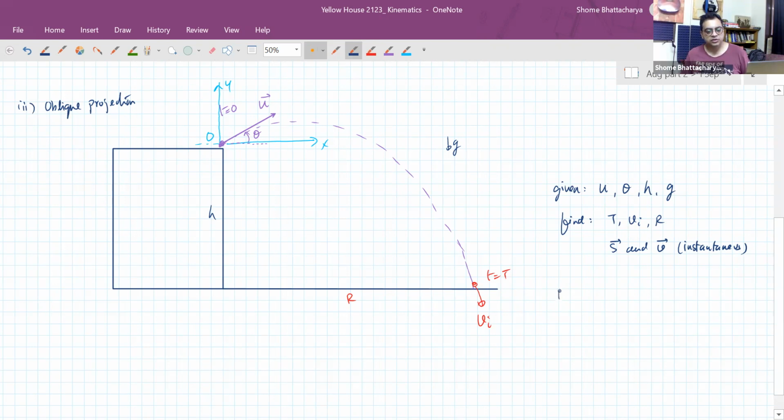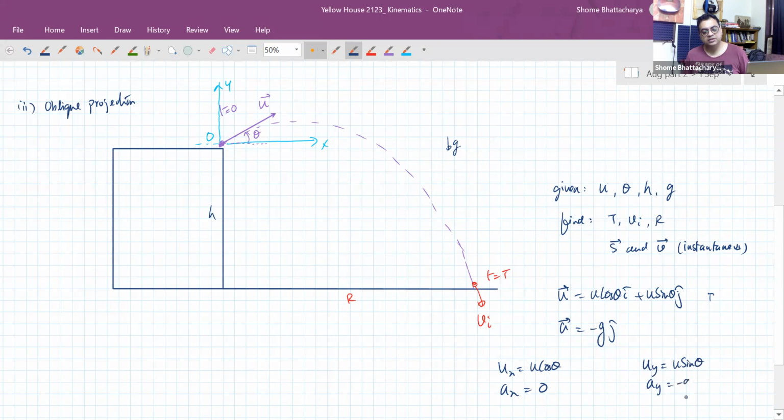So the initial velocity vector will be written as u cos theta i cap plus u sine theta j cap, and the j cap is now upwards, whereas your acceleration in this case will be written with a minus sign. When you divide this into components, ux is u cos theta, ax is 0, uy is u sine theta, but ay is equal to minus g.